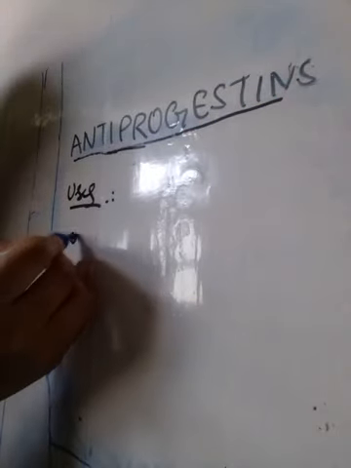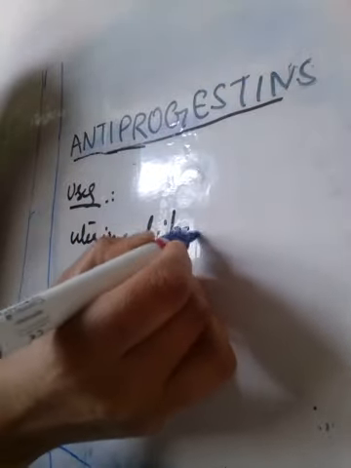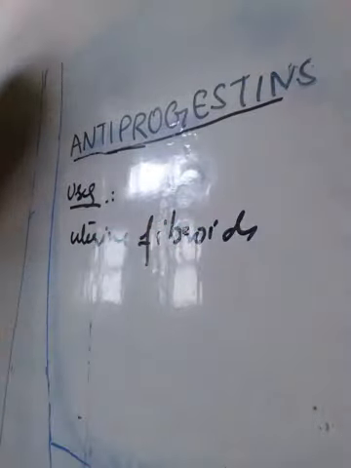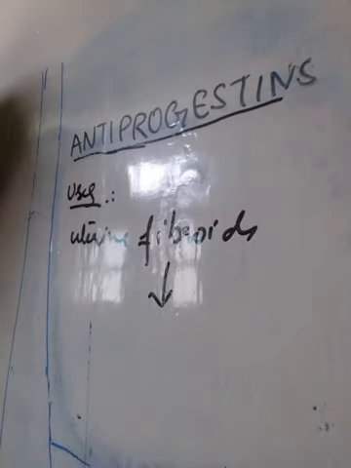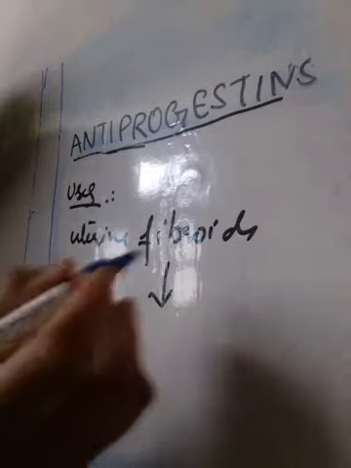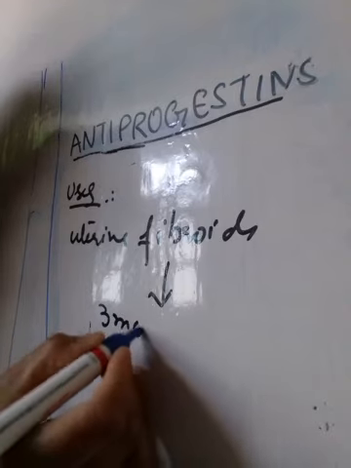Next, its use is in uterine fibroids. Uterine fibroids can be reduced in their size by minimal doses. In those cases, we need to take this drug for about 3 months.